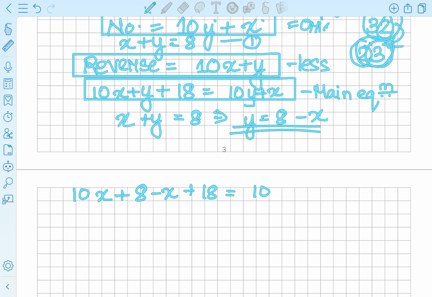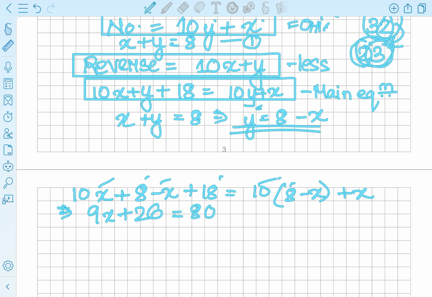Again see, we have y here. So what is y? Again 8 minus x, plus x. Now just solve this equation. 10x minus x is 9x. 8 plus 18 is 26, equals 10 into 8, 80, minus 10x plus x. Again we have 9x plus 26 equals 80 minus 9x.